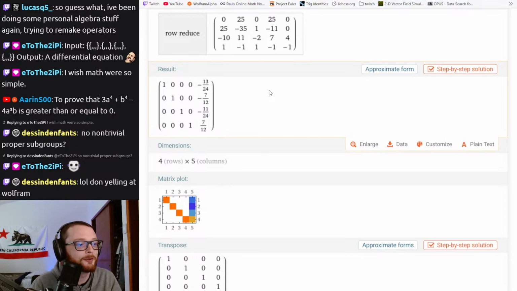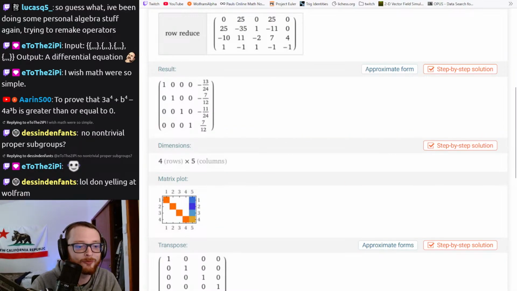Wait, Overleaf converts pics to LaTeX? That's pretty cool. I did not know about that. Guess what? I've been doing some personal algebra stuff again, trying to remake operators. Ooh, I'm not surprised. Input a bunch of that, output a differential equation. I wish math were so simple. Me yelling at Wolfram? Yeah, I should open up Stephen Wolfram's stream and just give him a piece of my mind.